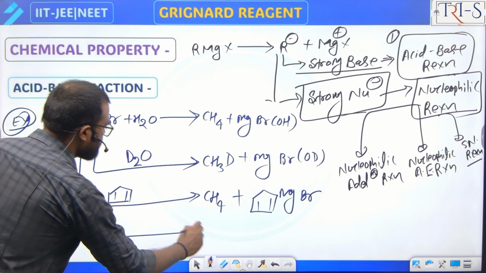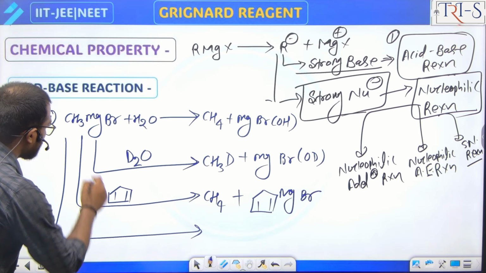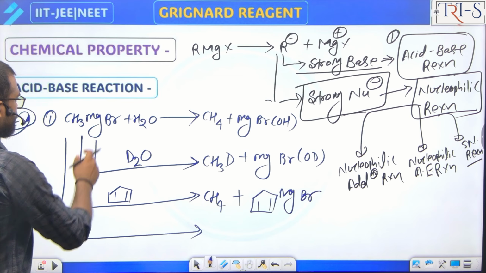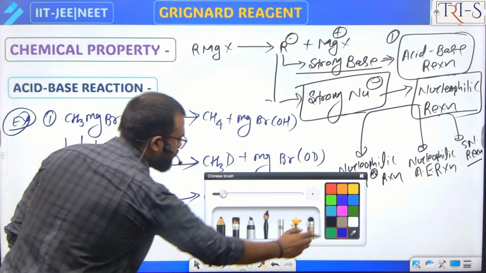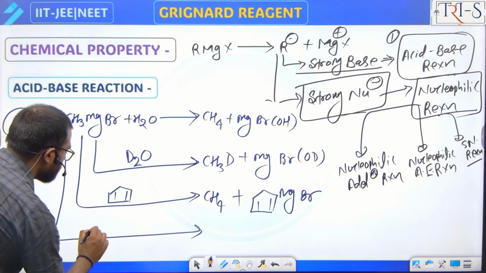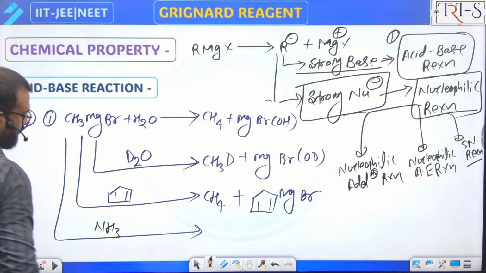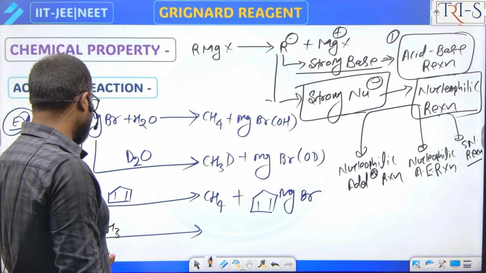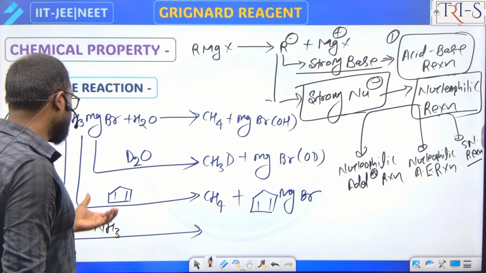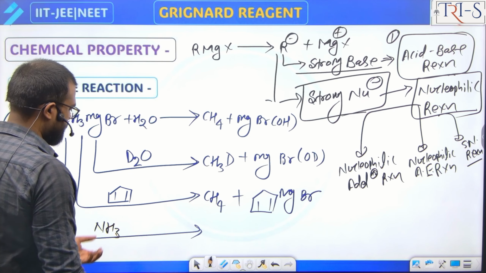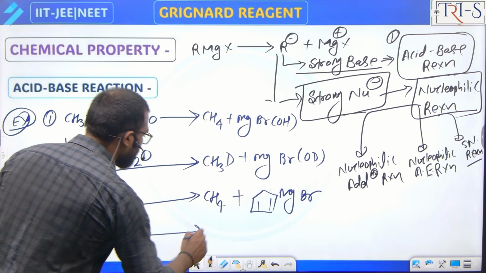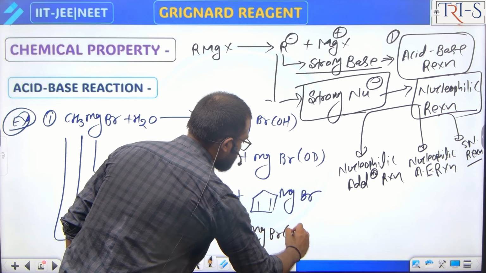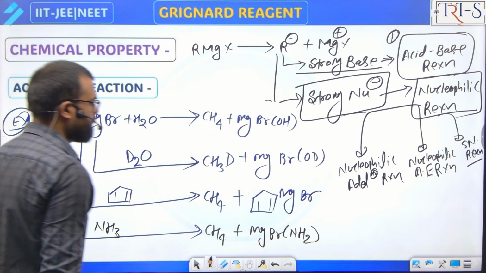There are so many examples related to acid base reaction in which the base is our Grignard reagent. Here NH3, ammonia, is generally regarded as a base, but in the case of a strong base it acts as a weak acid, and it will give H plus to the Grignard reagent and will form methane, and MgBrNH2 will be another compound.